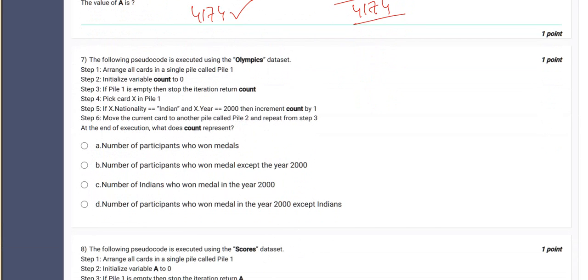Now coming to question number 7. The following pseudocode is executed using the Olympics dataset. Step 2, initialize variable count to 0. Count is 0 here. If nationality is Indian, he should be an Indian.